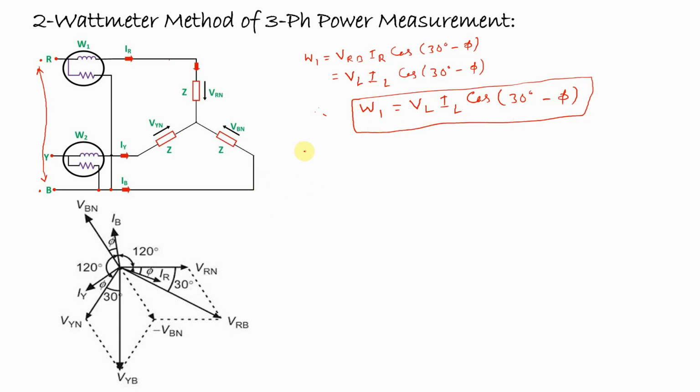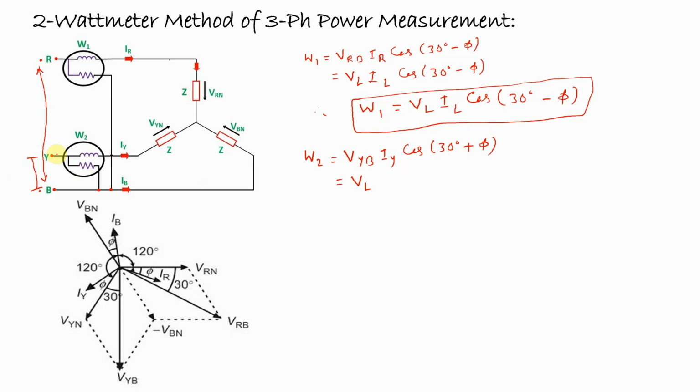Similarly, the reading of the second wattmeter is VYB into IY into cos(30 plus phi). We have already seen how the angles are calculated. So here VYB is the voltage between phase Y and phase B, which is the line voltage.